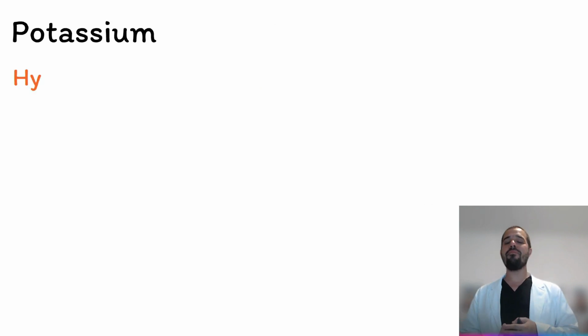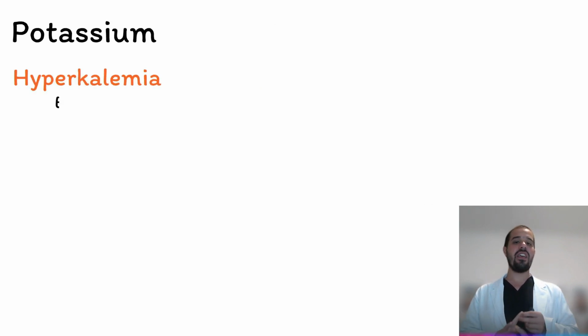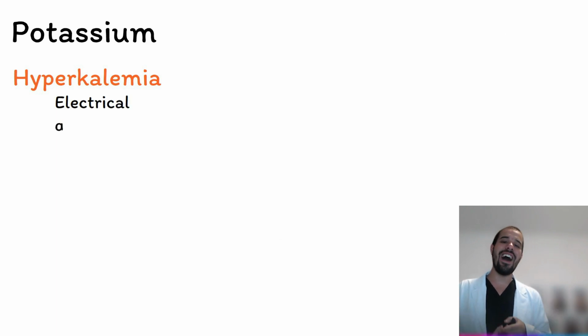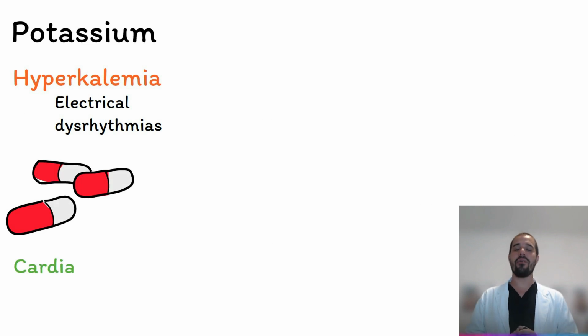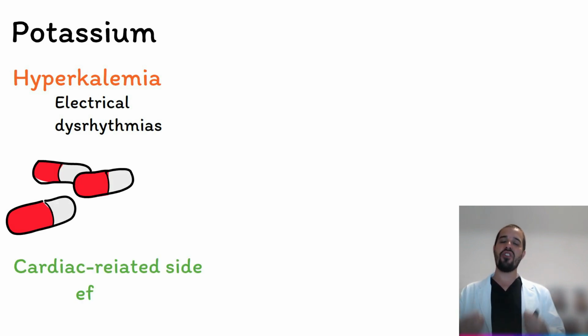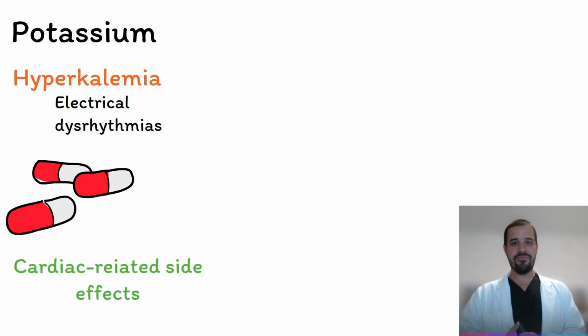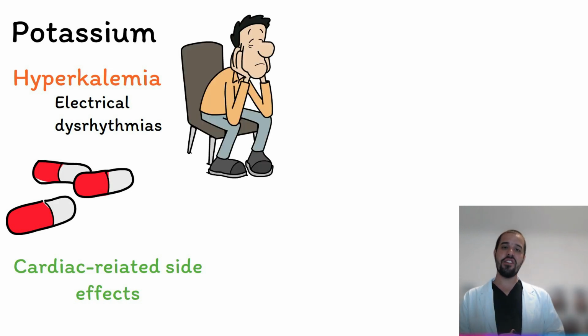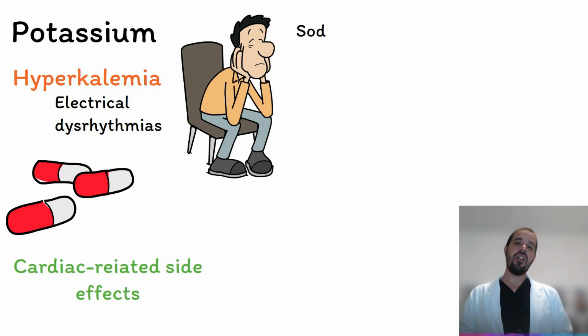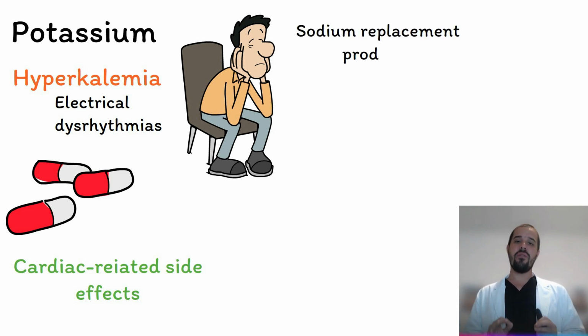As we know, hyperkalemia is a key factor in causing electrical dysrhythmias. So medications that can cause hyperkalemia, we need to monitor for cardiac-related side effects. Lastly, I want you to educate and assess these patients in their knowledge for sodium replacement products.